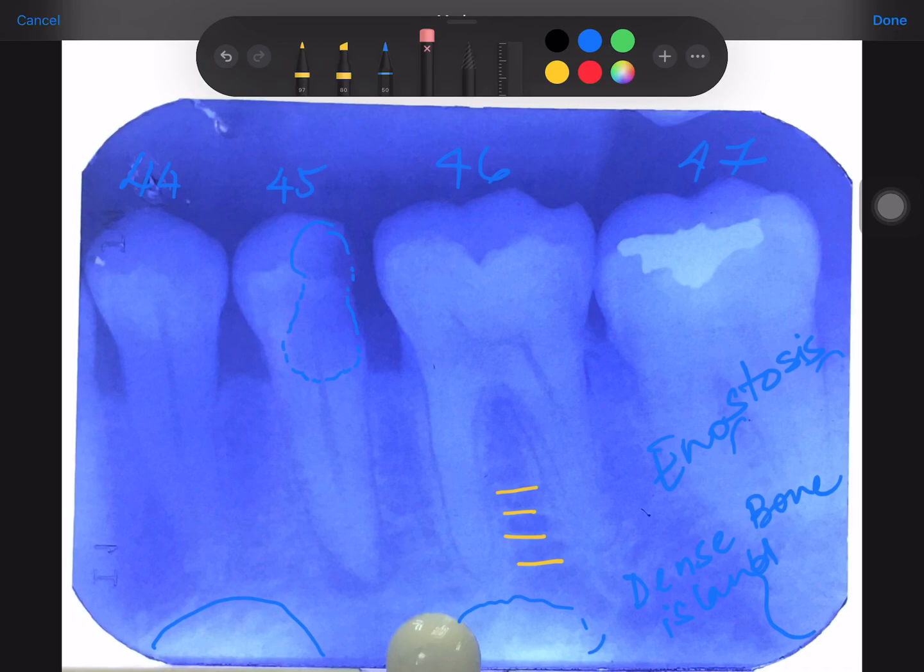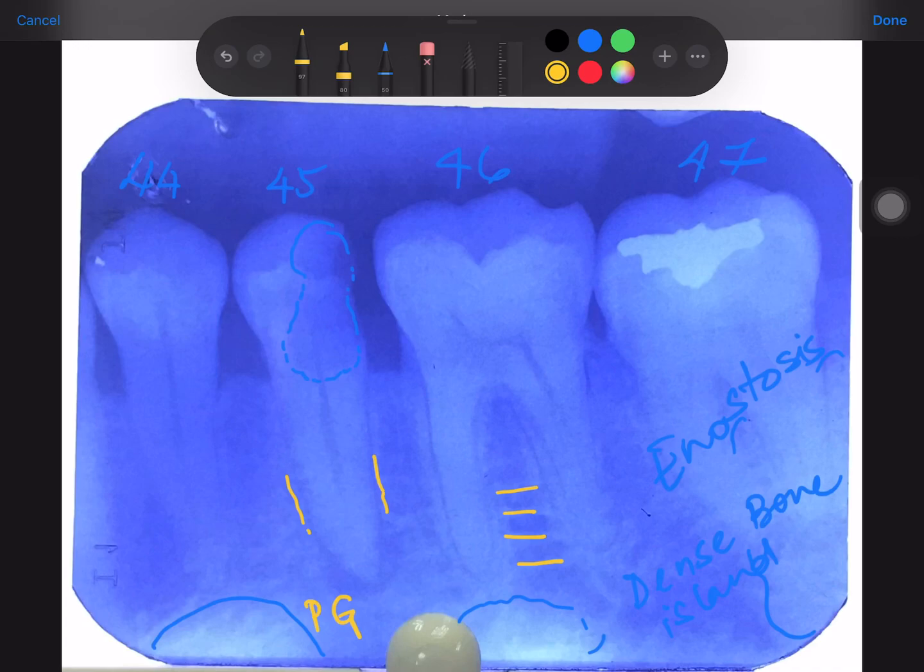You can only see it up to somewhere here, and then you can't see it anymore. So the PDL is widened and the lamina dura is completely lost. So what should this radiolucency be? That's a good one. Periapical granuloma.